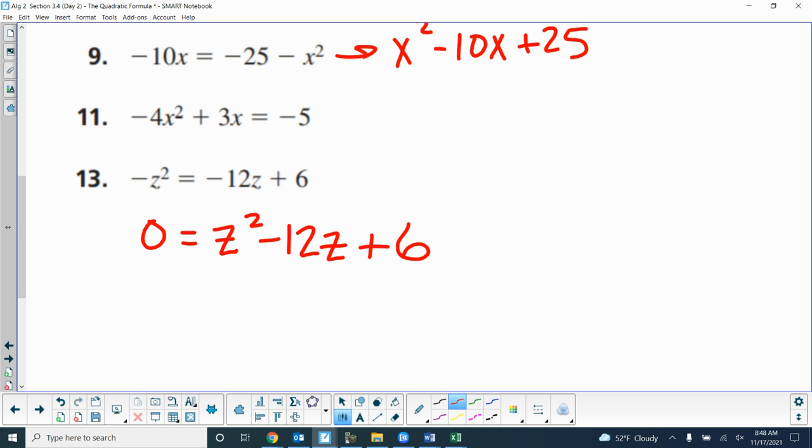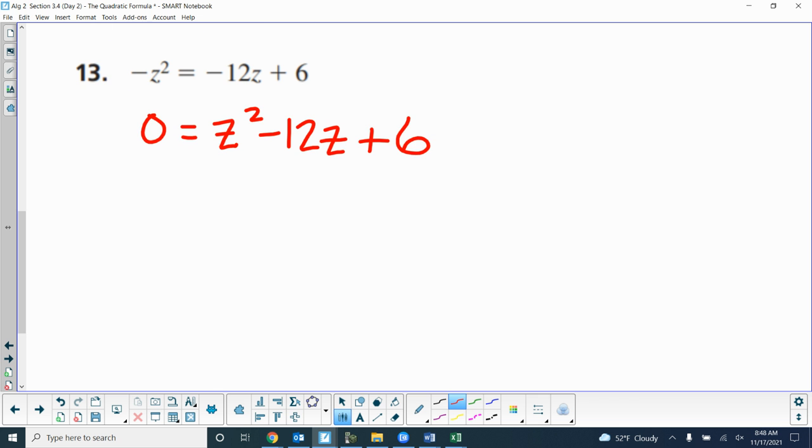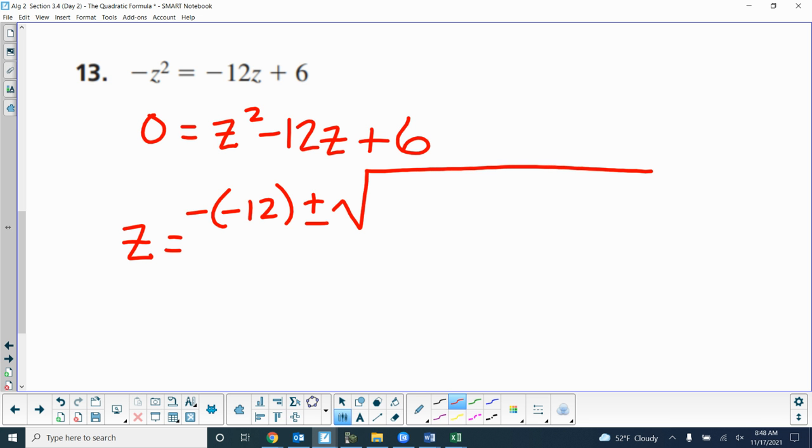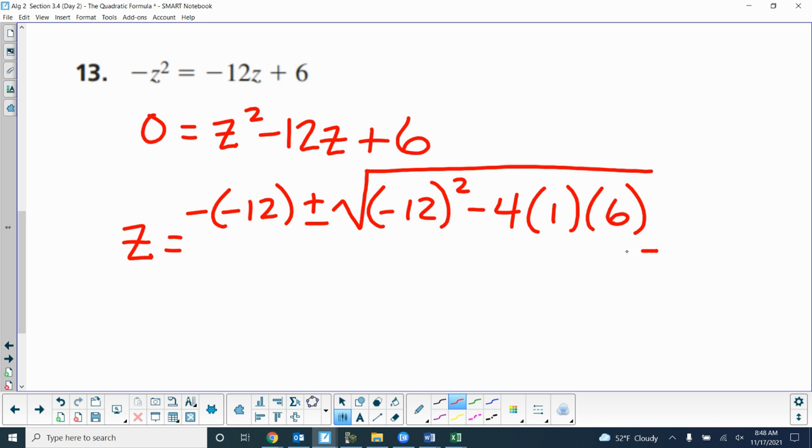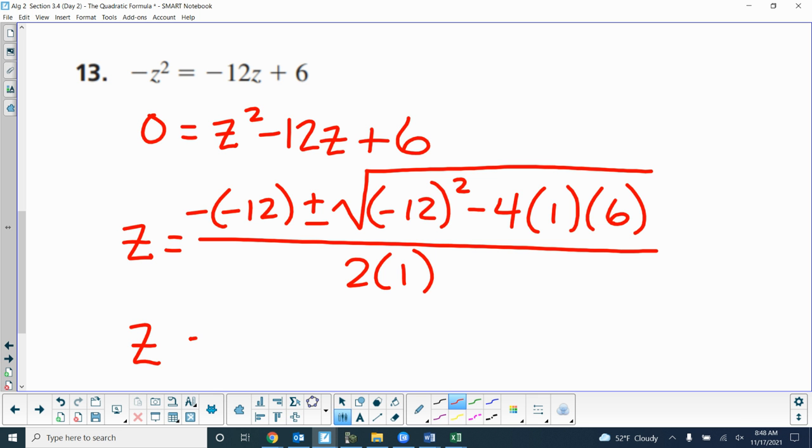All right, so A is 1, B is negative 12, and C is positive 6. Okay? So we go, this time instead of x equals, z equals negative B plus or minus the square root of B squared minus 4 times A times C over 2 times A. All right, so this first 12 becomes positive 12.